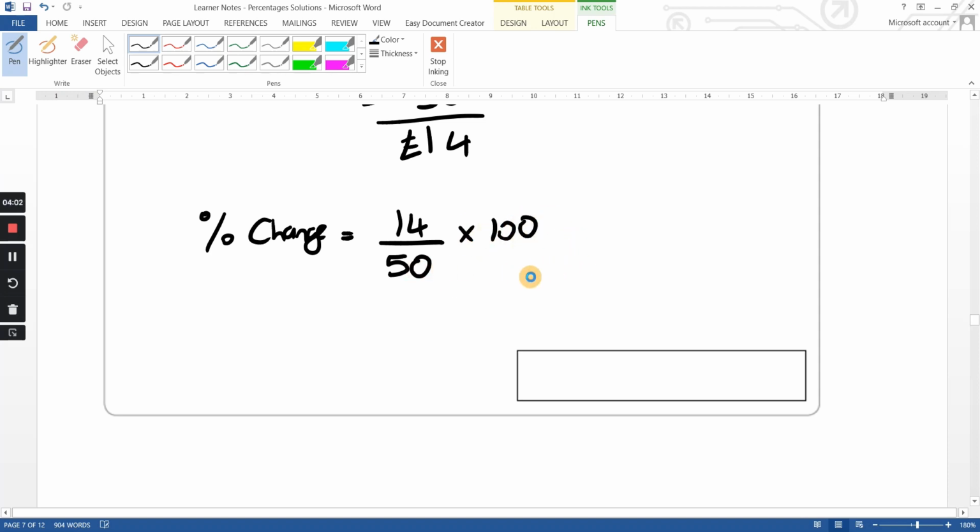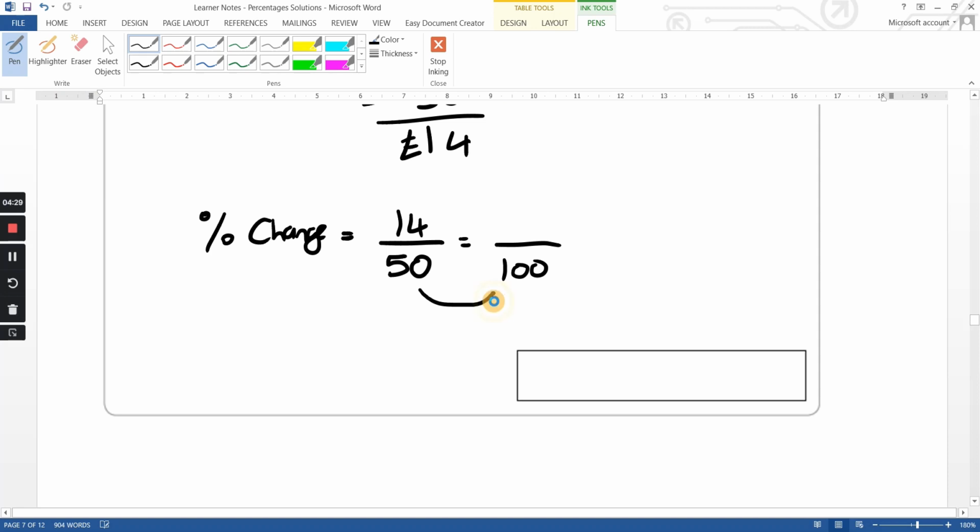Ooh, how do we do this without the calculator? Well, luckily it's out of 50. In fact, instead of doing it this way, I'll tell you what. This is our fraction. We want to change it to a percentage. Another way of changing it to a percentage is, instead of doing it over 50, let's do it out of 100 instead.